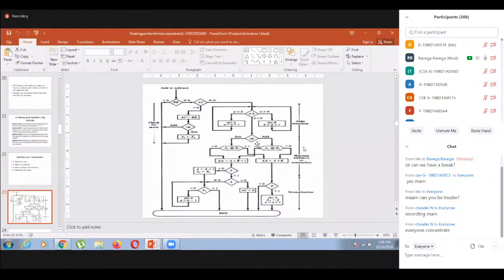After aligning the mantissas, you can perform the add or subtract operations. The add or subtract operations are performed by using the exclusive OR operations, XOR operations, on the signs of A and B, AS XOR BS.